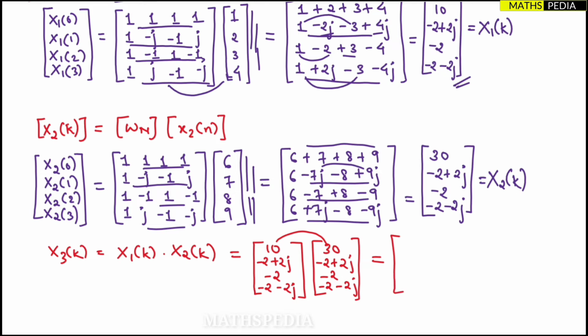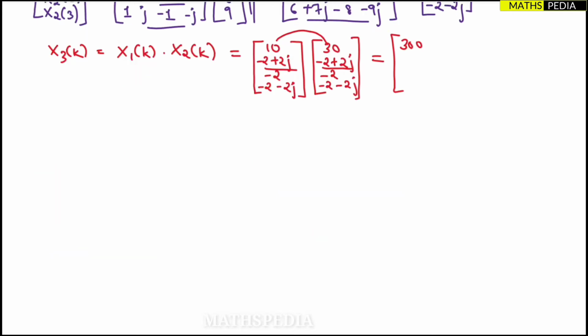So you will be getting 10 into 30, which is equal to 300, then minus 2 plus 2j into minus 2 plus 2j. I am going to show you all the steps. So minus 2 plus 2j, you are multiplying with minus 2 plus 2j. Simple concept.